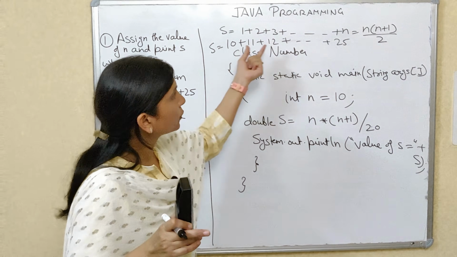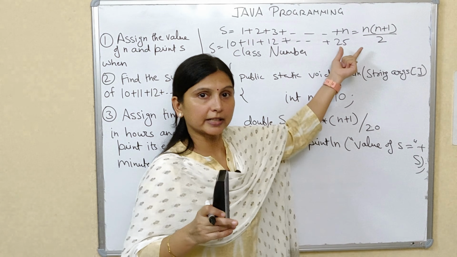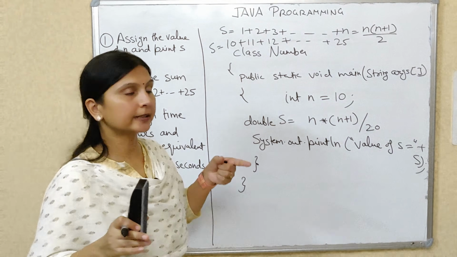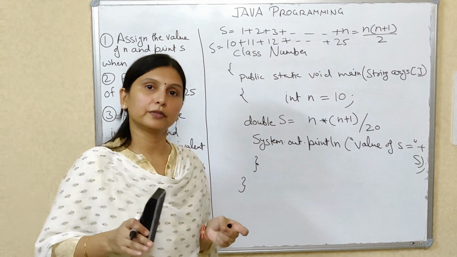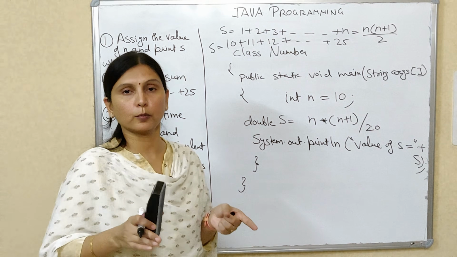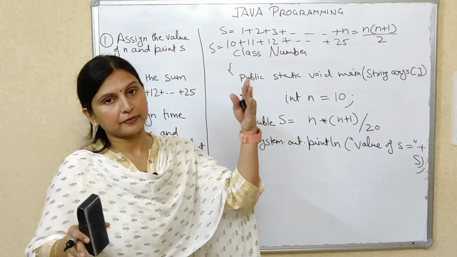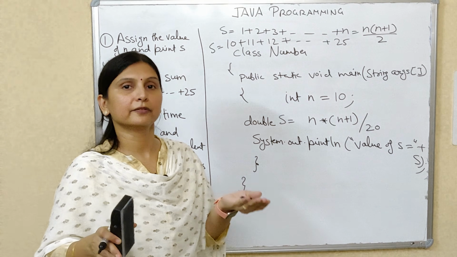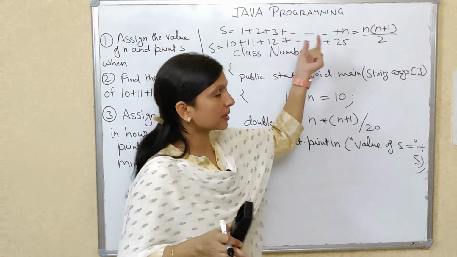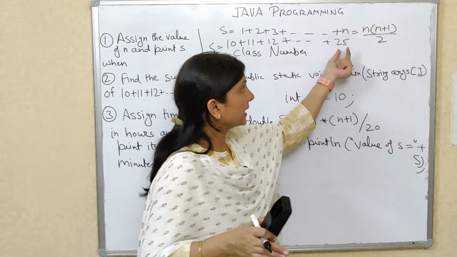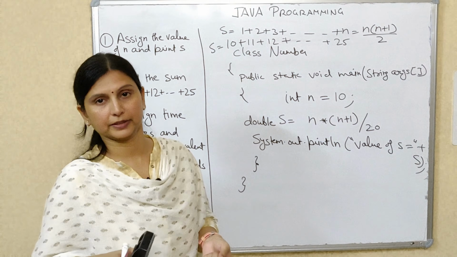The sum from 10 to 25. Fine. So first we will calculate the sum of series 1 to 25. Then we will find the sum of series from 1 to 9. And if I subtract those values, then I will get the sum of the series that starts with 10 and ends with 25.